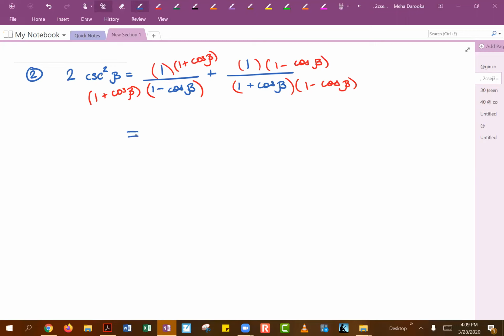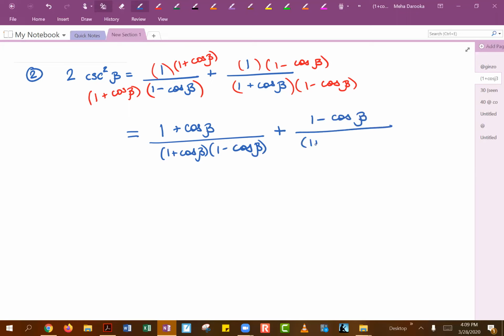So that will end up giving us 1 times 1 plus cosine beta, of course, gives us this. Your denominator will be 1 plus cosine beta, 1 minus cosine beta. Same thing on that right-hand side, 1 times 1 minus cosine beta will give you this, and then our denominator.